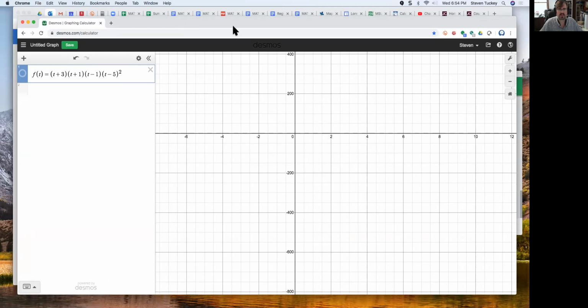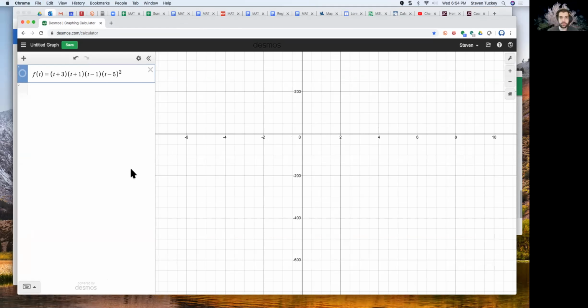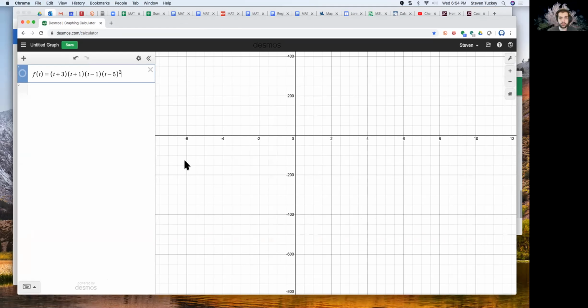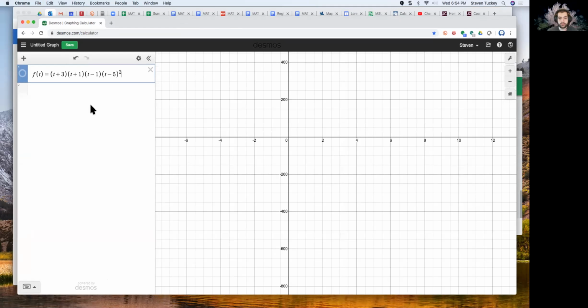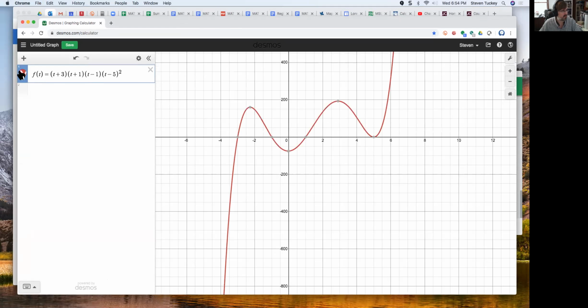Are you guys seeing my Desmos screen? You are, good. Okay, whew. I was worried there for a second. So here is one of your polynomials. What do you think? Does that produce something that looks kind of like what I had?